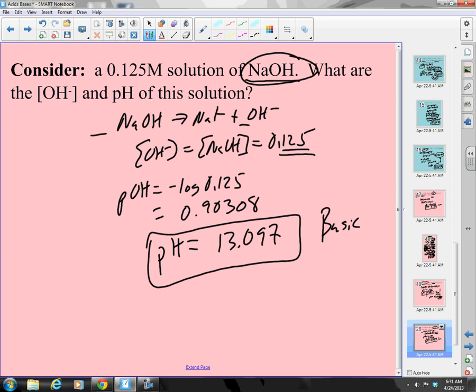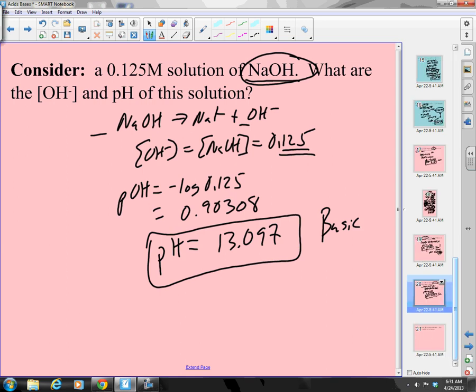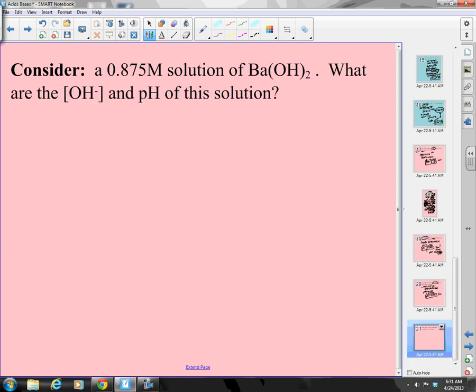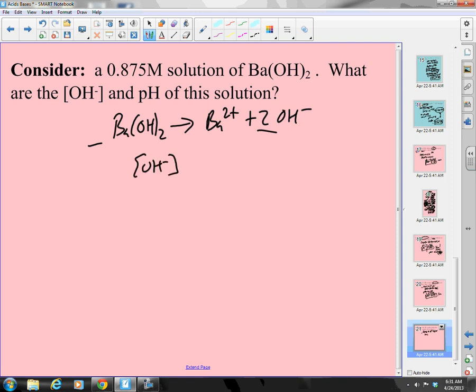Cool? Last one. Here you go. First thing I look at is my barium hydroxide. Barium forms barium 2 plus and 2 hydroxides. It's a 1-to-2 ratio, so my hydroxide concentration is 2 times my barium hydroxide concentration.